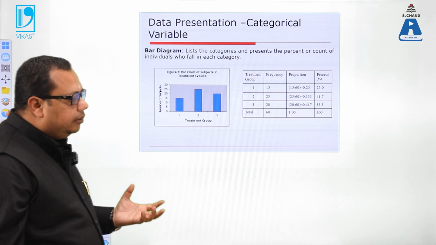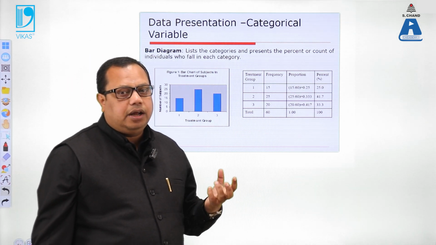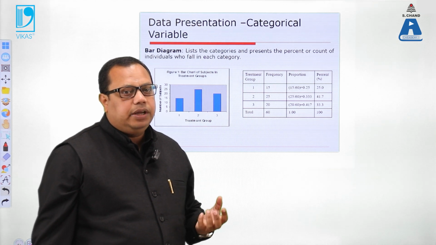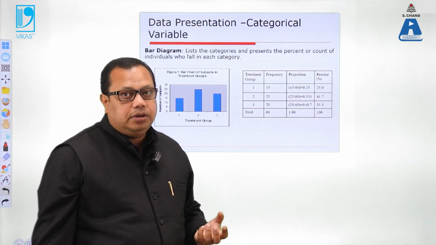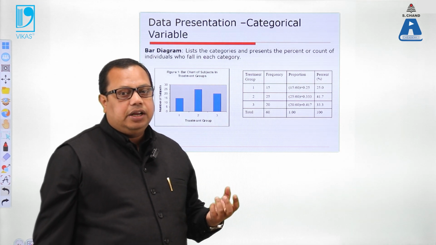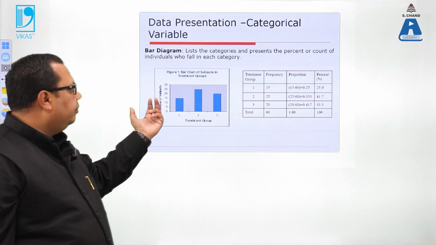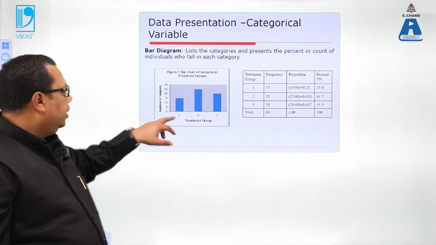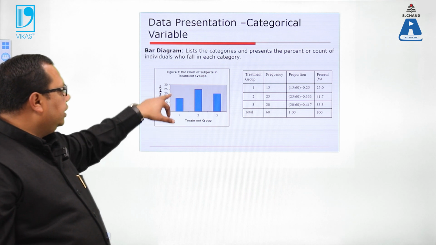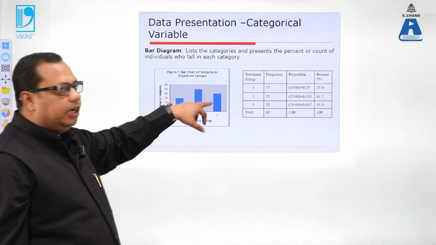So the importance of breaking the data down into graphical form is that along with the calculation, we can see the variation in terms of a graph. When we can see the variation in a graph, we can quickly analyze the data. Suppose in team 1 there are 15 students, in team 2 there are 25, in team 3 there are 20.